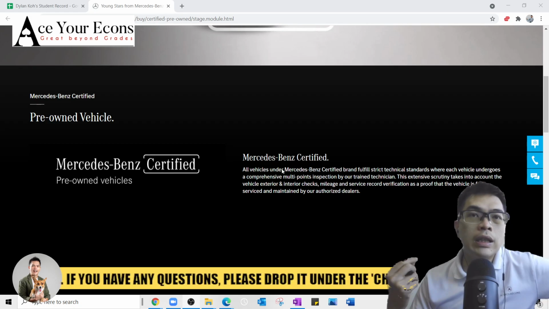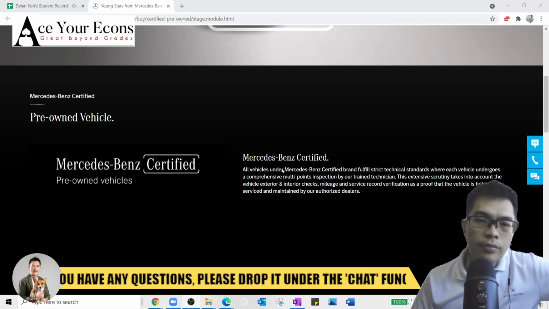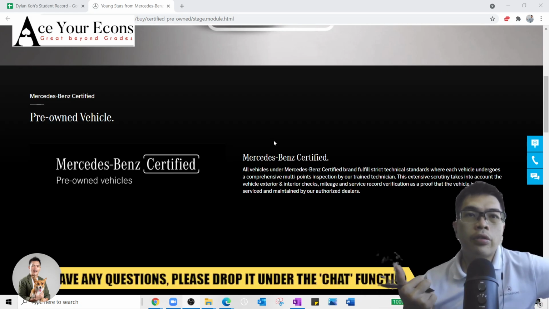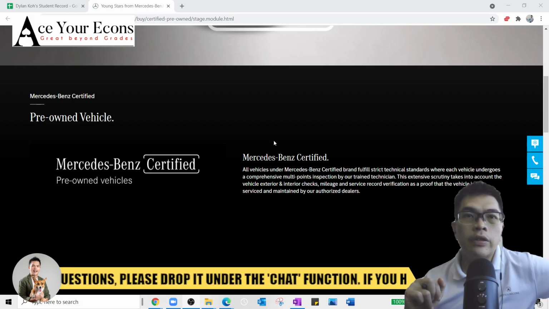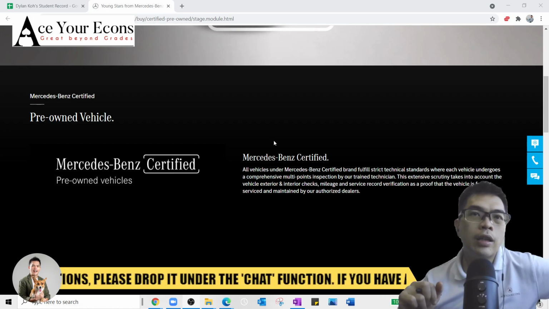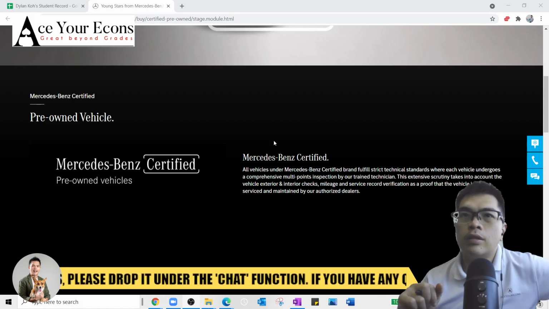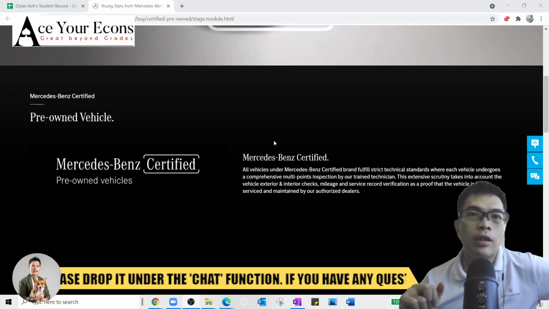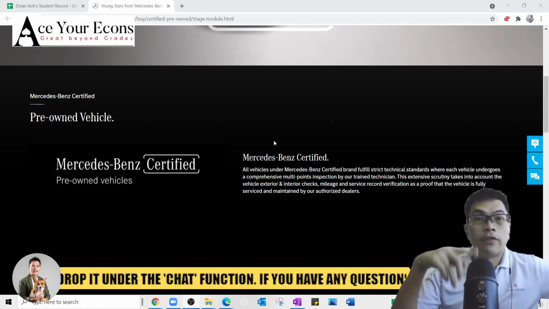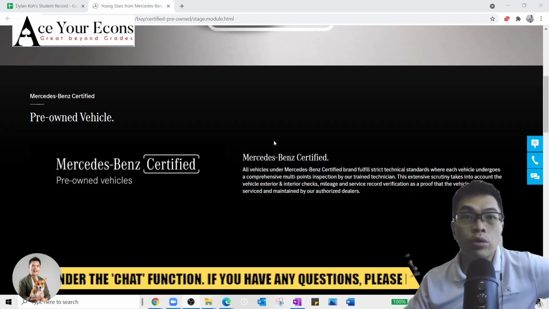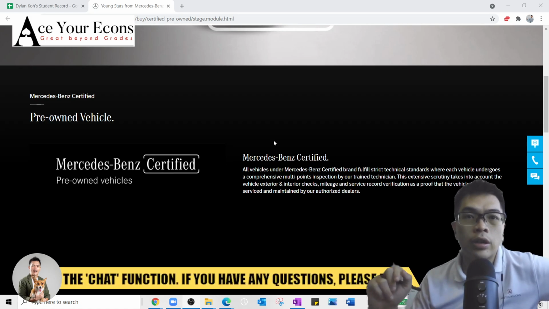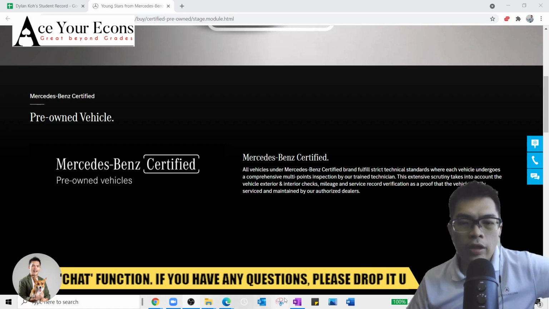But what is the downside of this? Number one, we have to find out who issues the cert, right? If it is called ABC car inspection firm that certifies the car, as compared to Mercedes-Benz certifying the pre-owned car, which one is going to be of higher integrity? Mercedes-Benz, definitely, right?